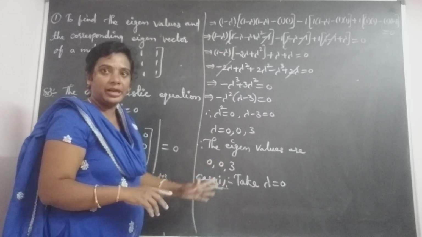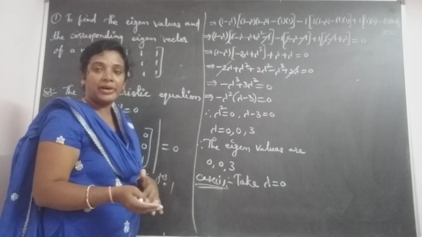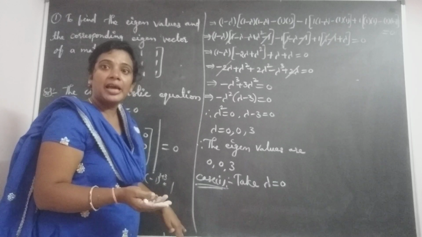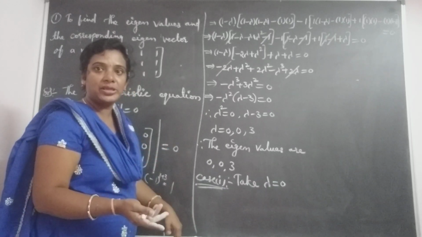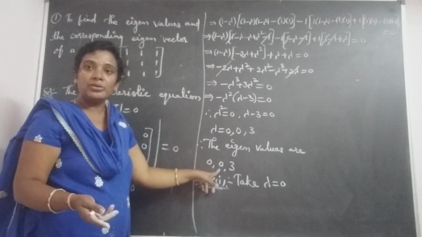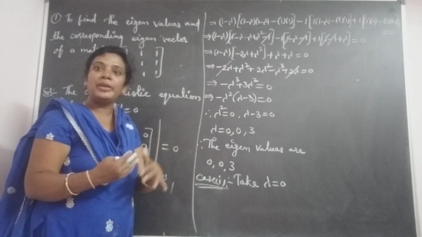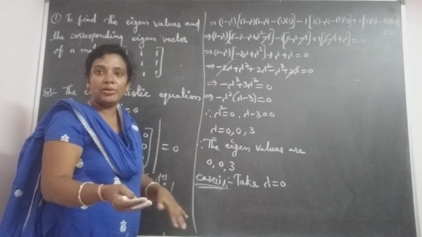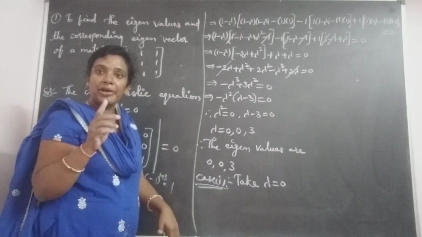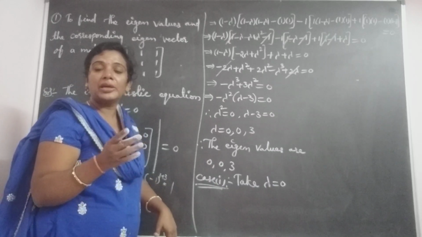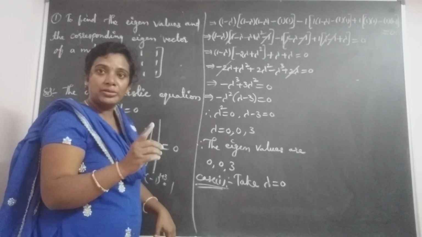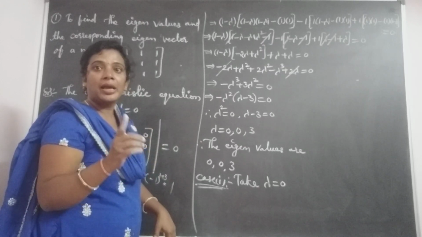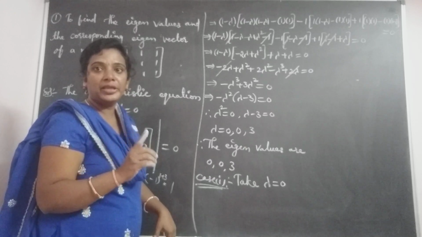Just observe that. What is the difference between distinct roots and repeated roots? If the roots are repeated, two rows will be 0 by echelon reduction. If the roots are distinct, then by echelon reduction only one row will be 0.